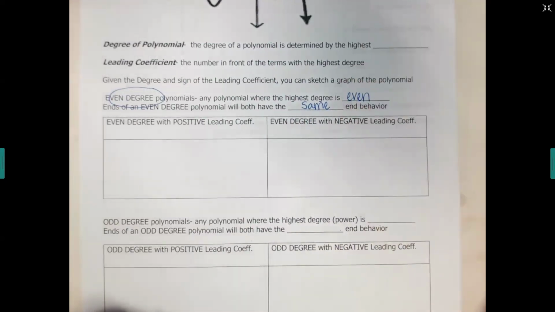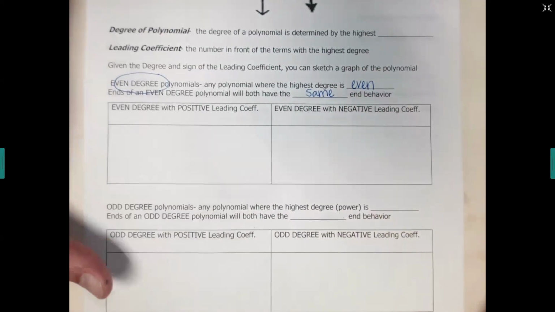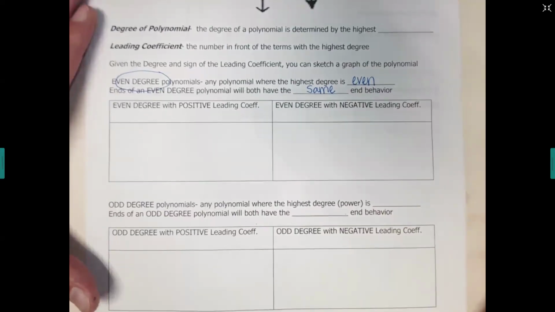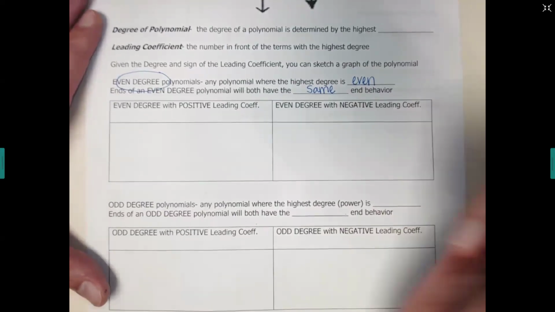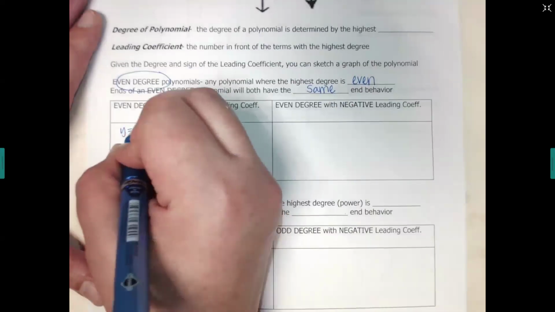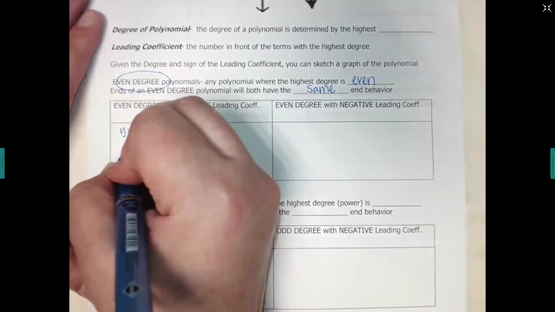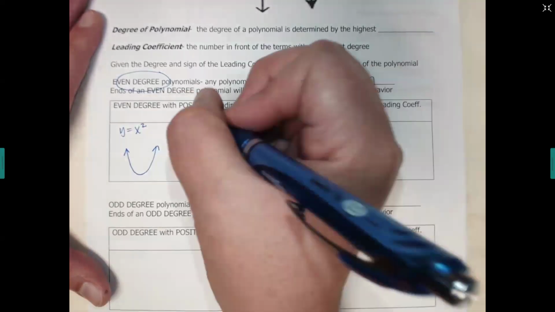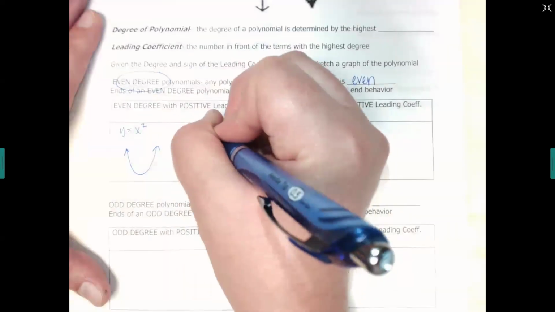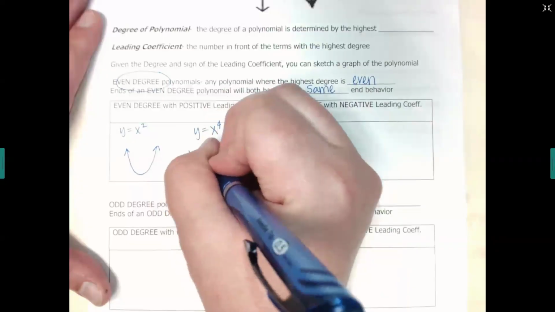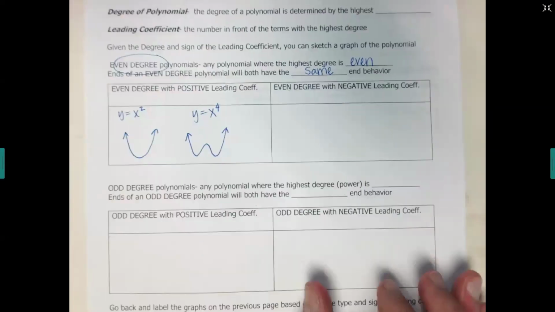Now, I'm going to give you some examples so that you can draw them. If you have an even degree positive, x squared is even. x to the fourth would be kind of like a W shape. That is also even.